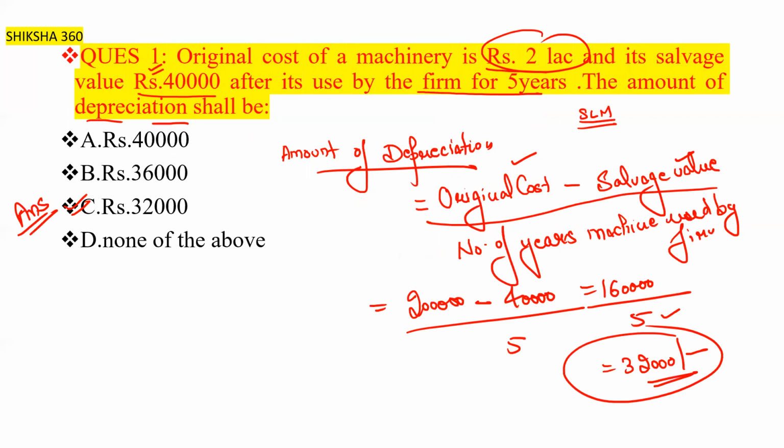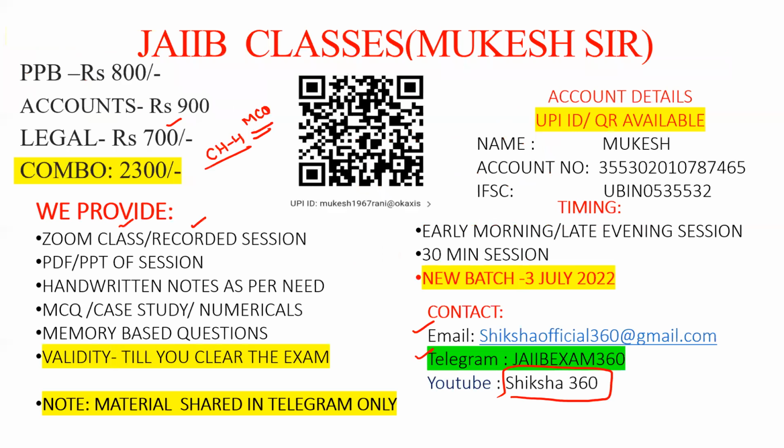There are different types of question which they will ask in the examination. Some of the basic questions we have discussed today, and some more questions we will discuss in the next session, along with 1 or 2 concepts and numericals. After that this chapter will be completed. So thanks to all of you for joining this session.